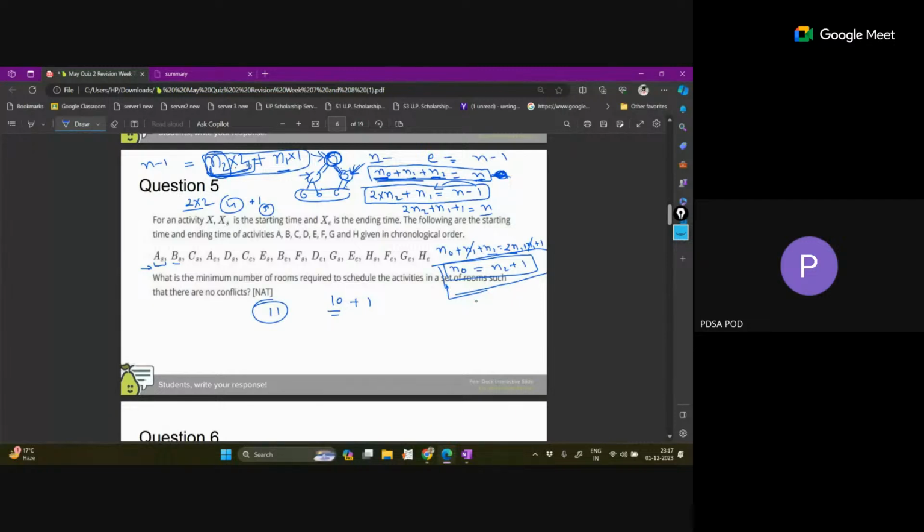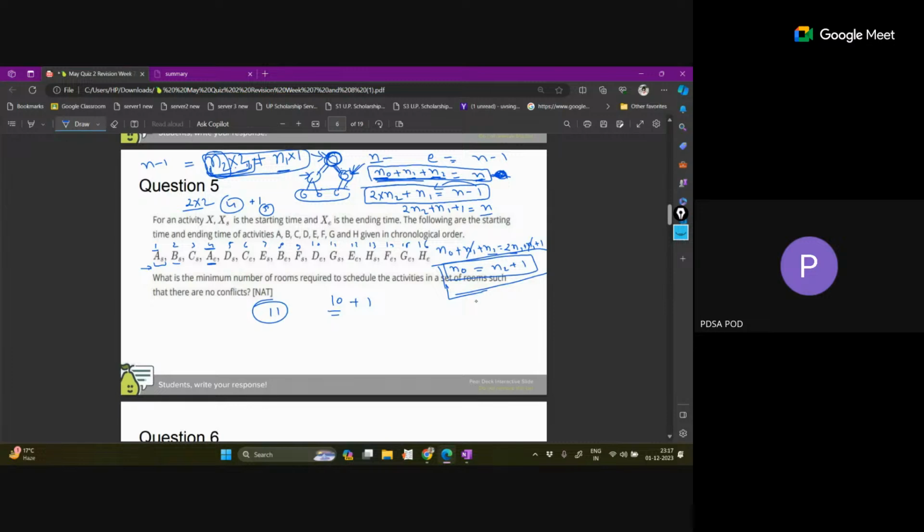Chronological order means we can just give time like 1, 2, 3, 4, 5, 6, 7, 8, 9, 10, 12, 13, 14, 15, 16. So this is the chronological order. If AS is starting at 1, now A is ending at time 4. So what is the minimum number of rooms required to perform all these activities?